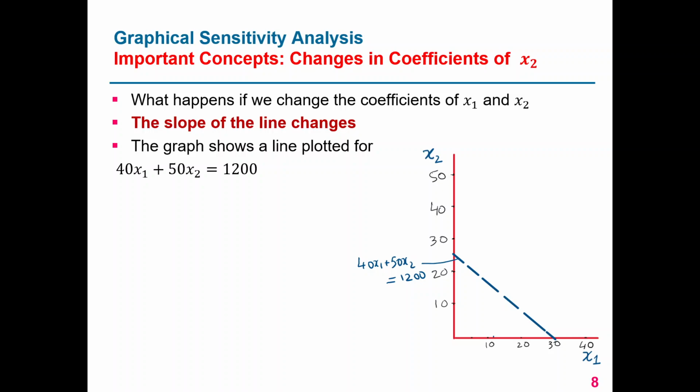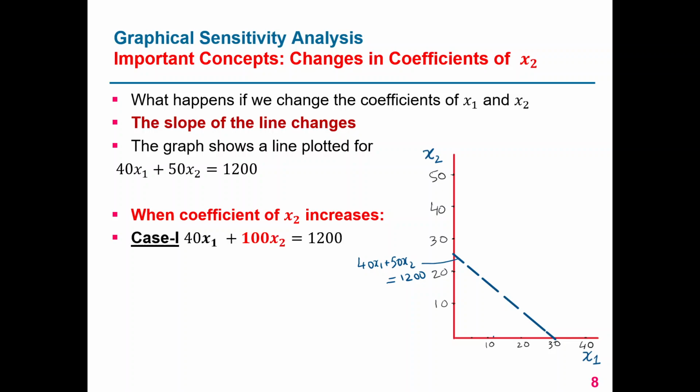Again, the slope of the line changes, and we have shown here a graph of a line of 40x1 plus 50x2 equal to 1200. Let's demonstrate what happens when the coefficient of x2 increases. I have kept the 40x1 at its original value and changed the coefficient of x2 to 100, and the constant is again 1200.